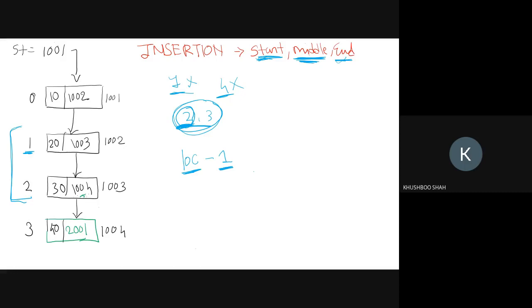So if the user says 1, then 1 minus 1 means we are talking about the 0 index. If the user says the 4th location, then 4 minus 1 means I am talking about the 3rd index, which is the end. So always when you work with the insertion operation and you ask the user for the location, do this: location minus 1.